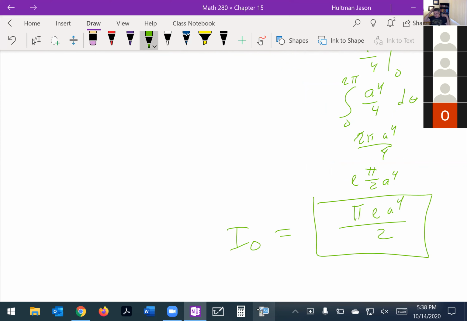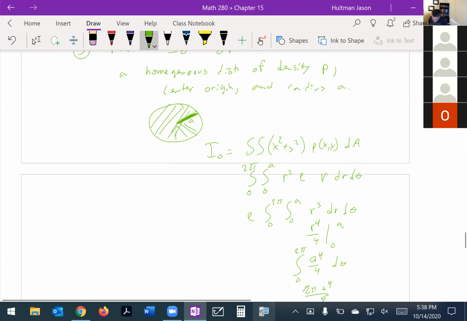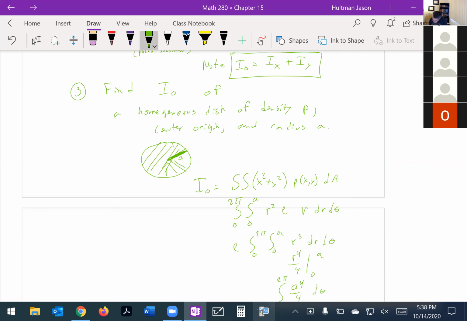Now, since this is a homogeneous disk, it has a lot of symmetry, and I know that I_x is the same as I_y. The moment of inertia with respect to x is going to be the same as the moment of inertia with respect to y.